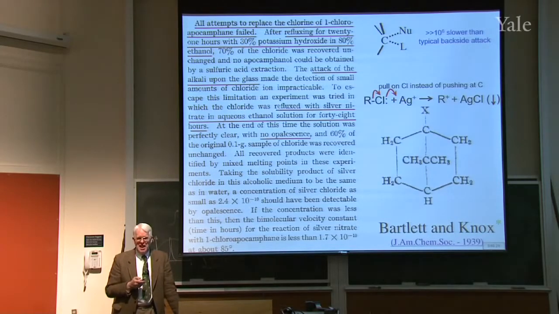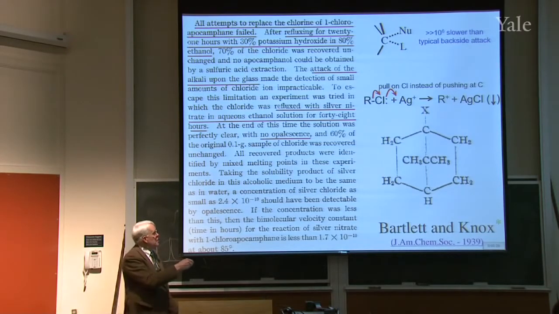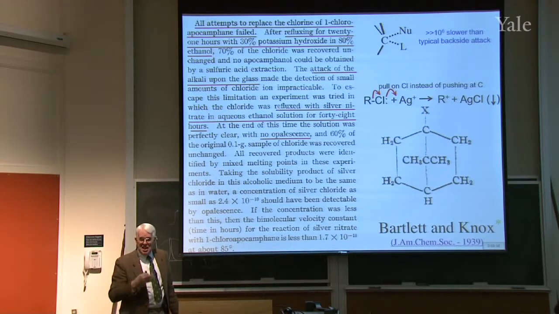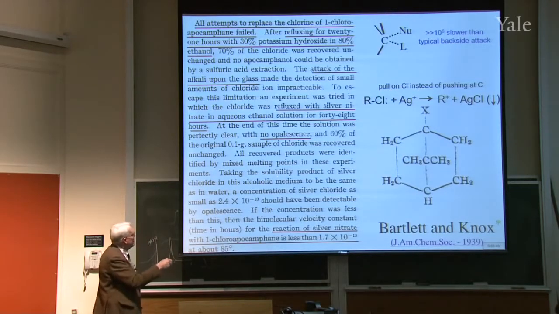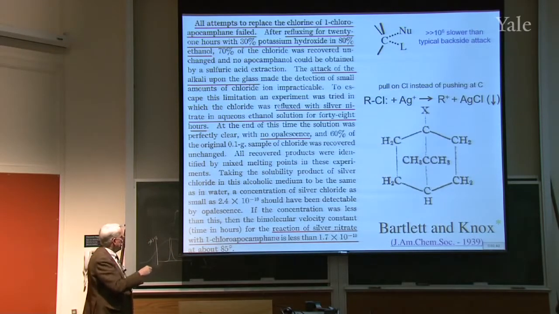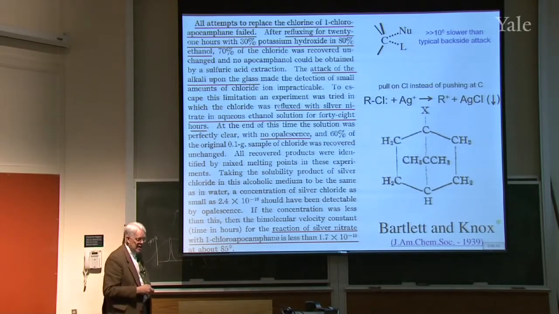There was no opalescence. That is, the solution remained clear. Why opalescence? Because if you get this reaction, the silver chloride makes a precipitate, and if you get just a little bit of it, you can see a little bit of cloudiness there. But they saw none, and in fact, as you can read here, the reaction of silver nitrate with 1-chloroapocamphane is at least 2 times 10 to the minus 10th at about 85 degrees.